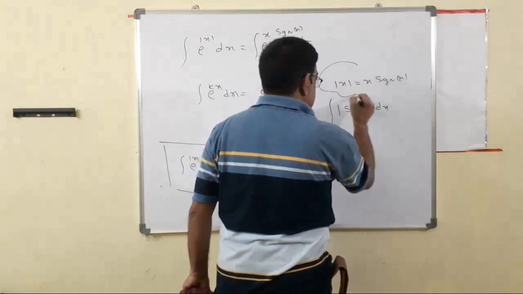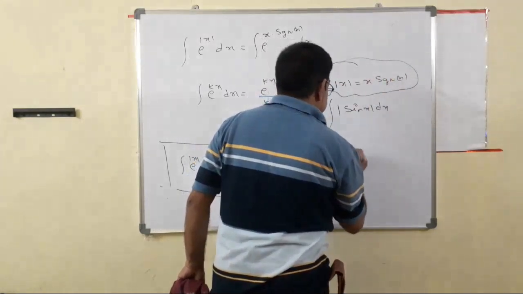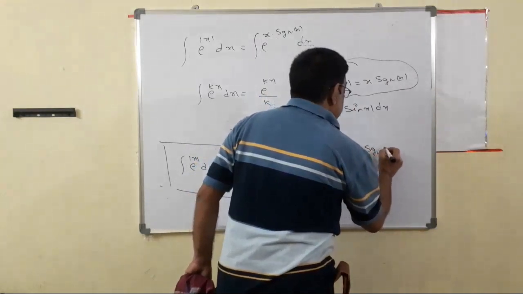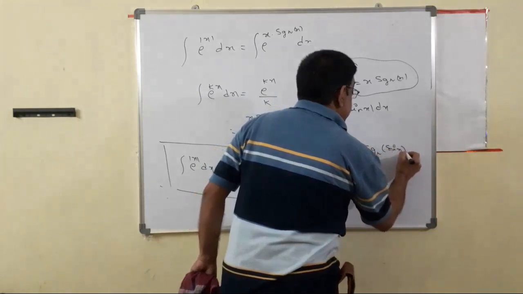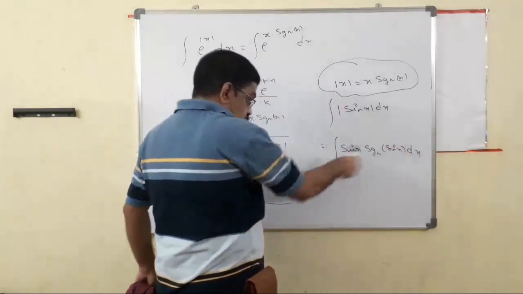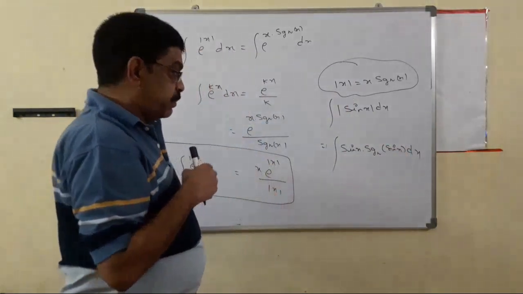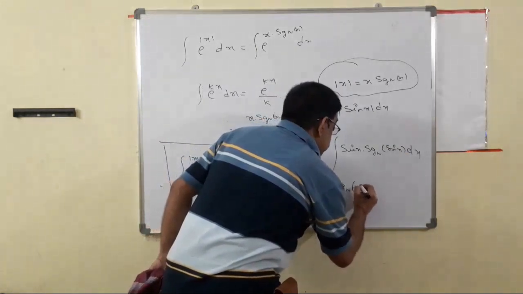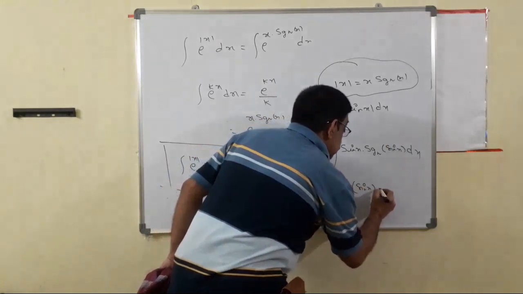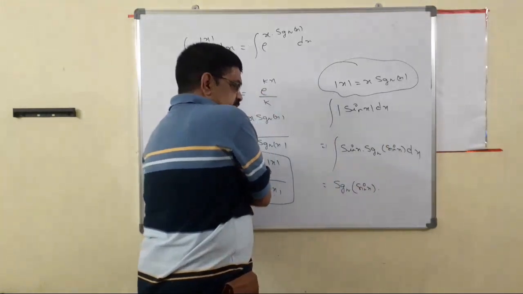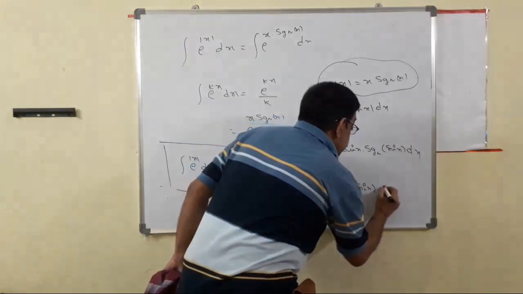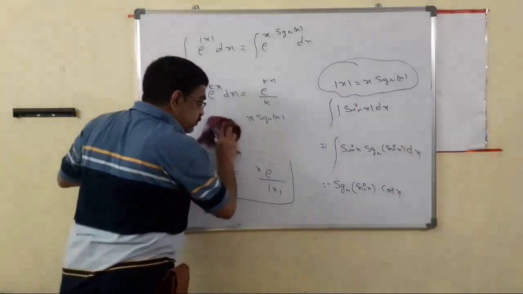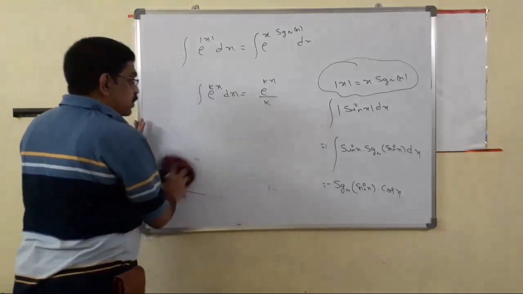I can write sin x into signum sin x, and signum sin x can be taken outside the integration sign because that is like a constant, right? So this will be signum sin x. And what is integral of sin x dx? Basic integration, minus cos x, right? So that is the formula for integral of mod sin x dx.